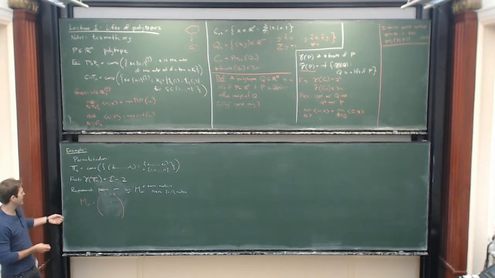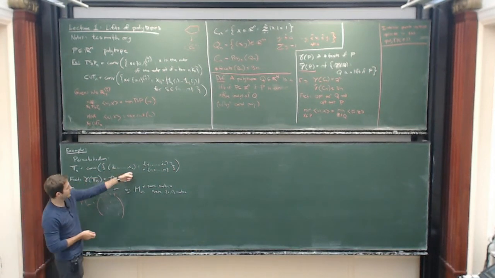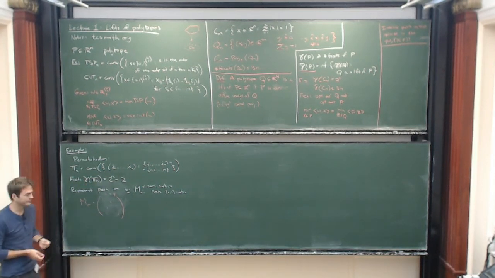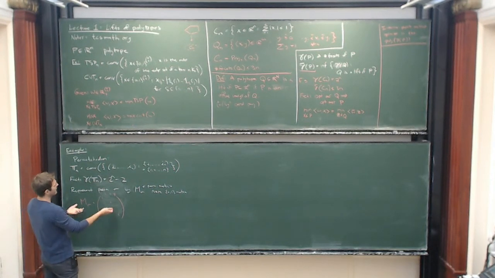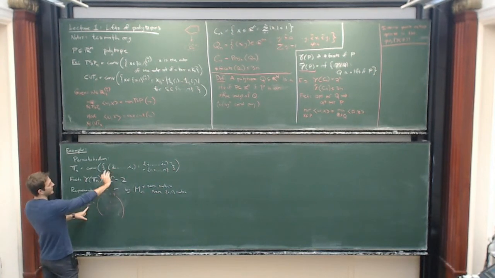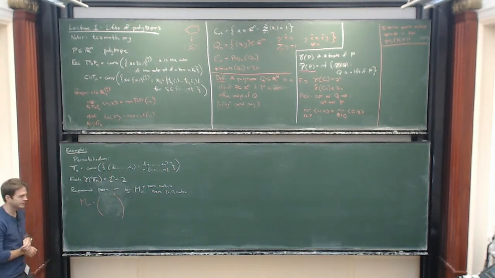Does anybody see a linear map that maps this family of matrices onto this representation of the permutations? So I take such a matrix, and I want to map it. Now this is in n squared dimensions. I want to map it to n dimensions such that I get exactly this representation of the permutation downstairs.